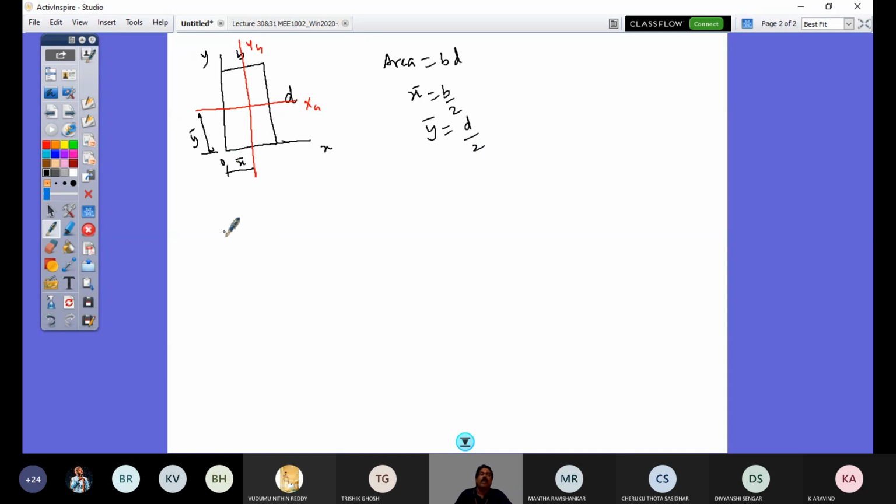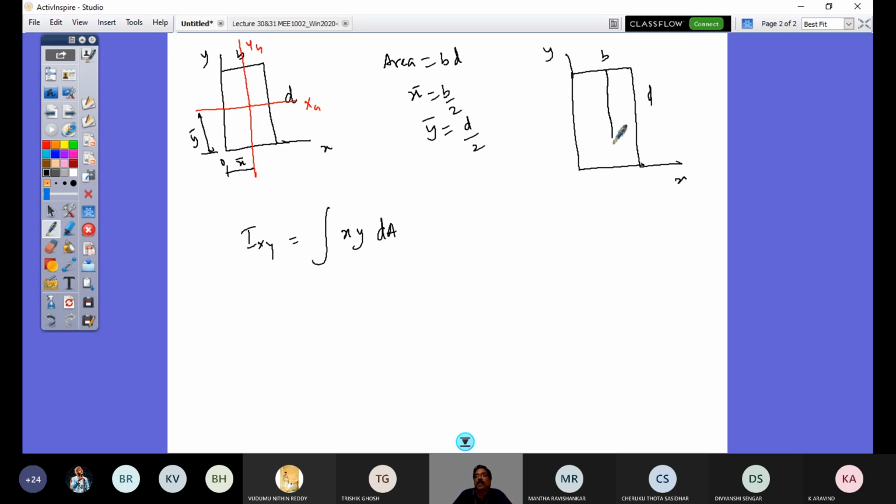So this you have. So now what is my product of inertia definition, right? Product of inertia is Ixy, that's equal to integral xy dA. So this I have to do. So let me just find this out for this rectangle. So let me take this rectangle. This is x, y, and this is B and this is D. So let me consider an elemental strip.